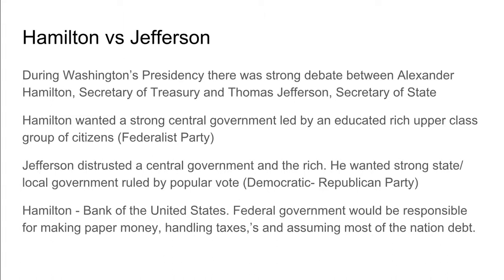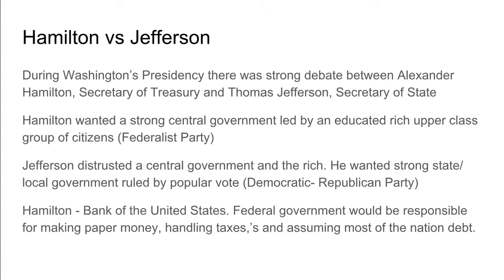Hamilton is a smart guy, and Hamilton sets up what's called the Bank of the United States. The federal government will be responsible for making all the paper money. So you don't have different states having their own state money, but you'll have a government that has one source of money, and the Department of Treasury, Hamilton says, will be responsible for levying taxes.